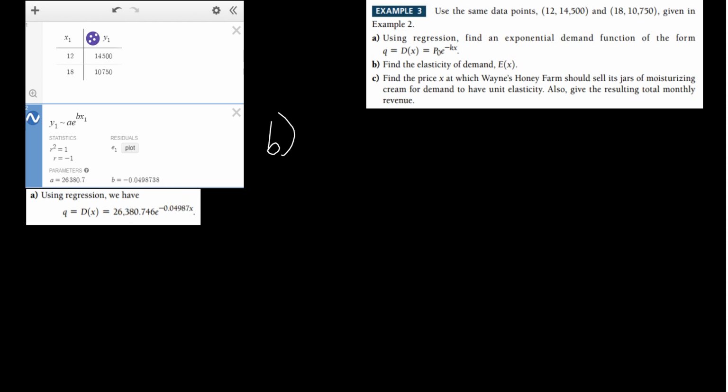So my elasticity is going to be x times the derivative here, and the derivative is just going to be 26,380.746 times, if you recall, we're taking this value here and multiplying it by the value in front.